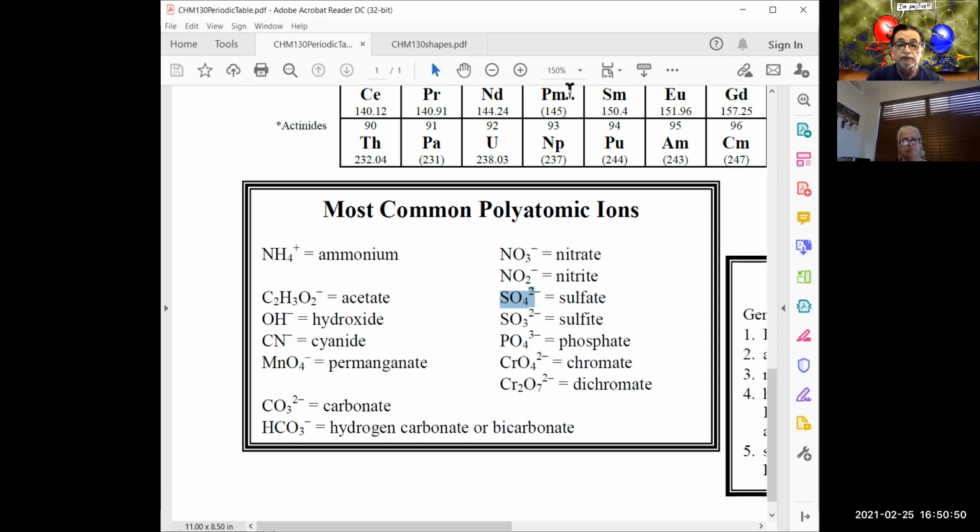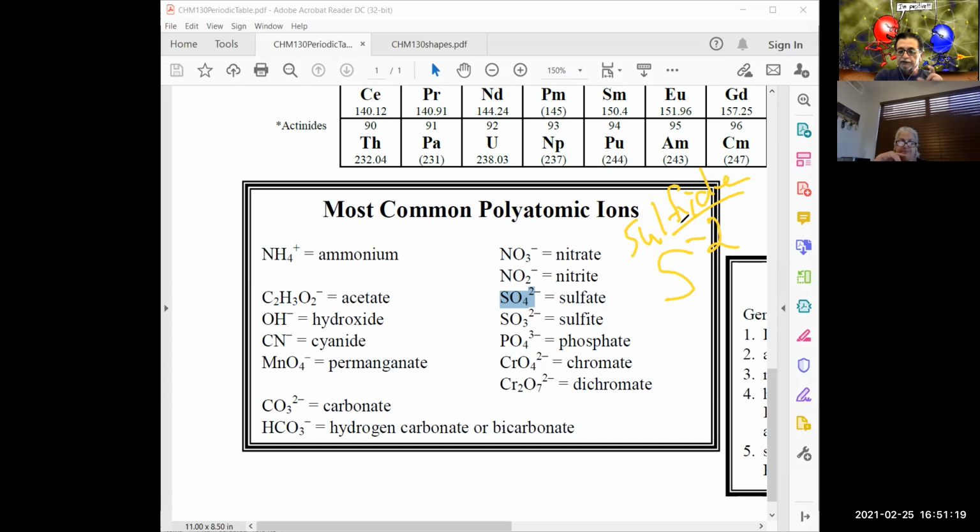Not to be confused with, let me make sure we understand this here. Sulfur -2, that's the sulfide. Sulfide is the actual element that's in group 6. Group 6 picks up 2 electrons all by itself, becomes sulfur with a -2 charge, just like oxygen.